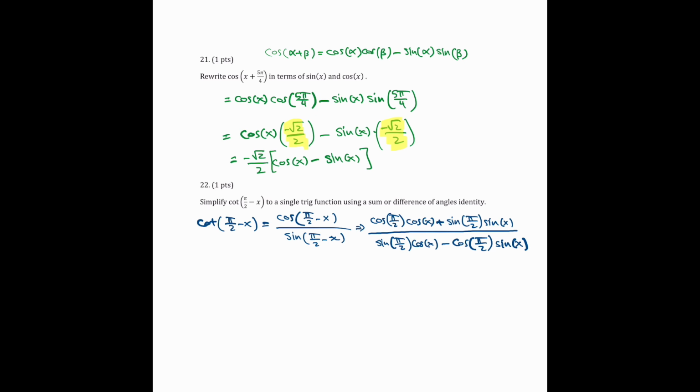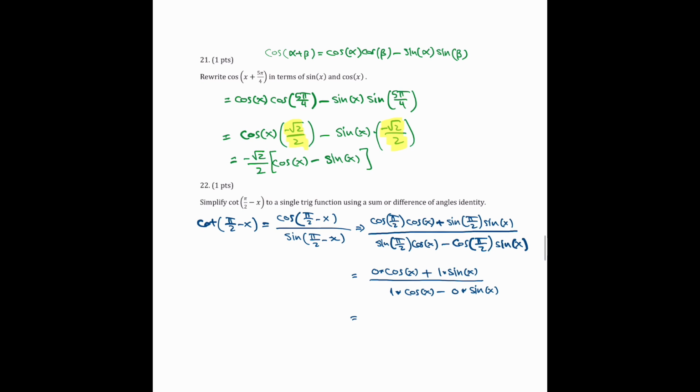Cosine pi over 2 is equal to 0. So this is going to become 0 times cosine x plus sine pi over 2 is 1 times sine x, divided by sine pi over 2 is 1 times cosine x minus cosine pi over 2 is 0, 0 times sine x.